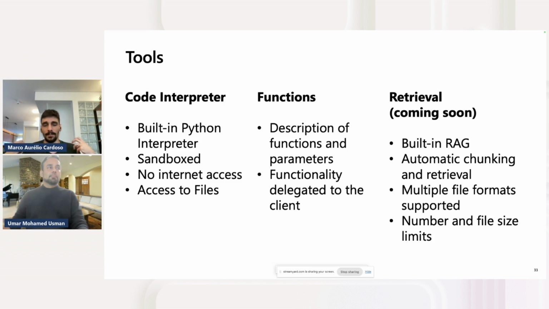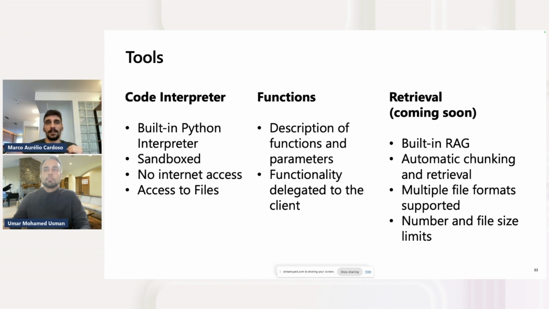So we're giving the model the ability to run Python to answer questions that involve calculations or looping, or even things like using pandas and matplotlib to read and interpret data. It's a completely sandboxed environment, no internet access in or out, but it does have access to files that you upload to the assistant. And we're going to talk about files in a bit.